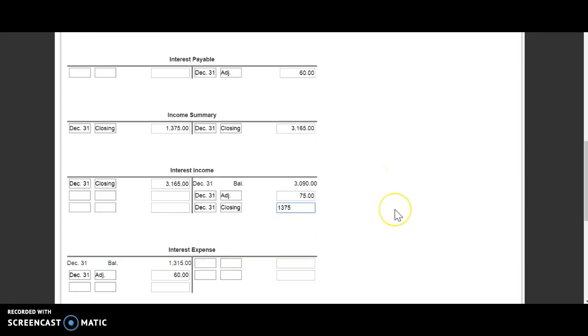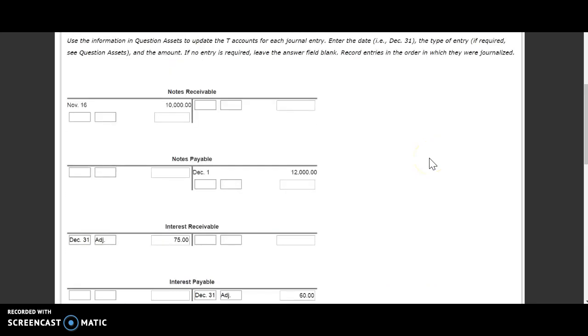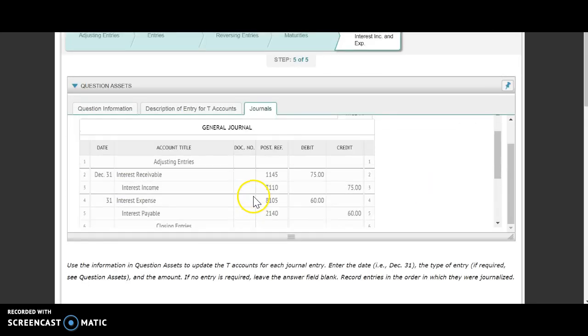Oops, I put that in the wrong one. Sorry. That was not interest income. That was supposed to go to interest expense. There we go, interest expense. Sorry about that. So December 31st, closing, good thing I caught it, and 1,375. Okay, so we're done with that journal.